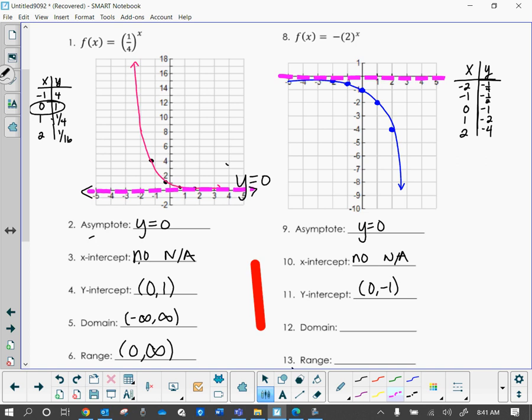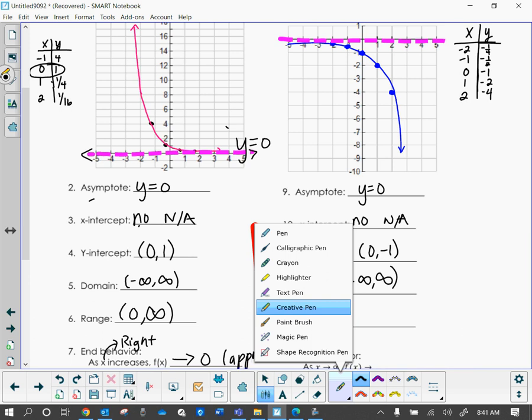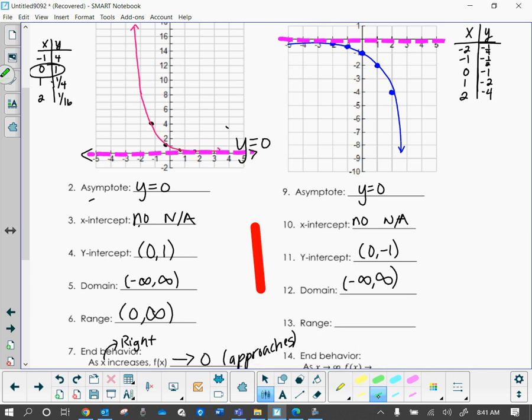Domain would be all real numbers, so negative infinity to positive infinity. The range, those are the y values. So the range starts all the way down here, at negative infinity, and it approaches 0.